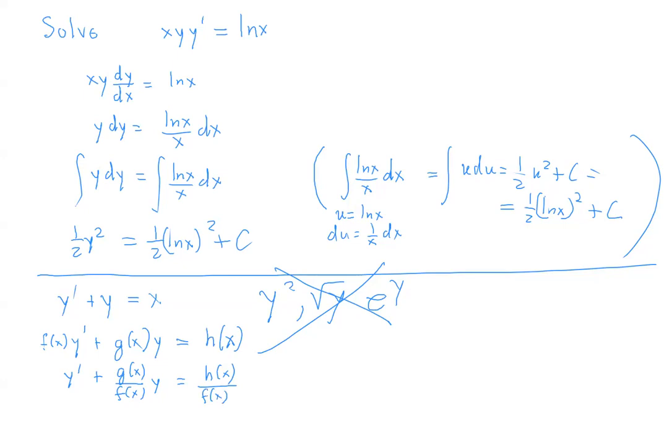And in order to lighten up our notation, allow me to denote g of x over f of x by p of x, and h of x over f of x by q of x. So this will be called standardized. So y prime has coefficient 1. Okay.